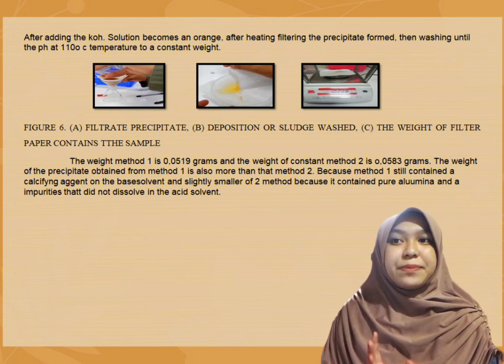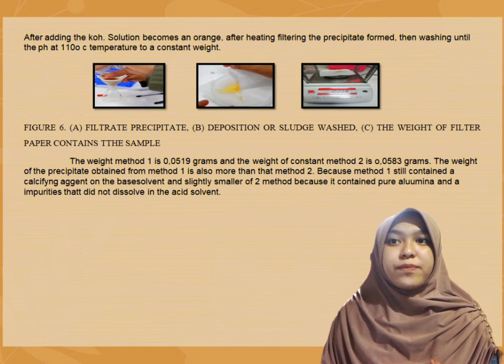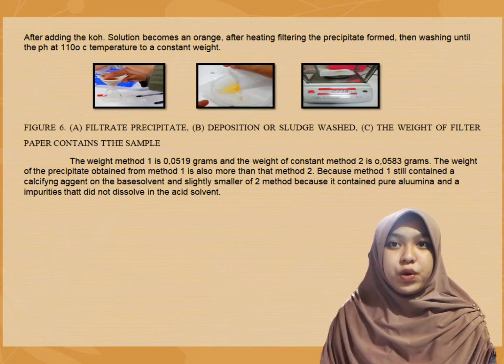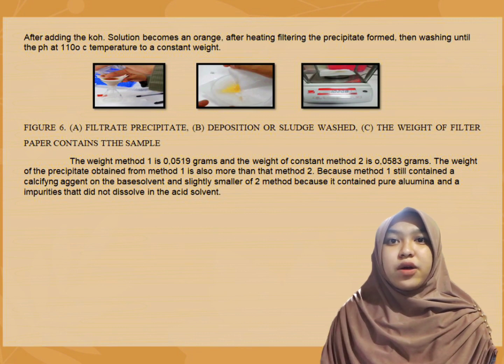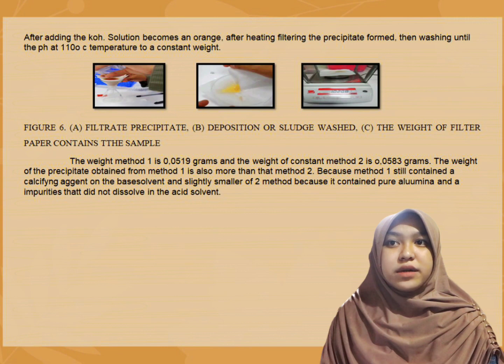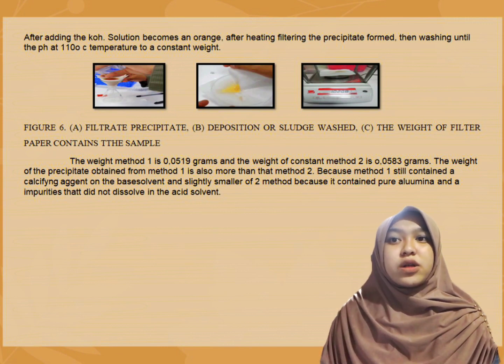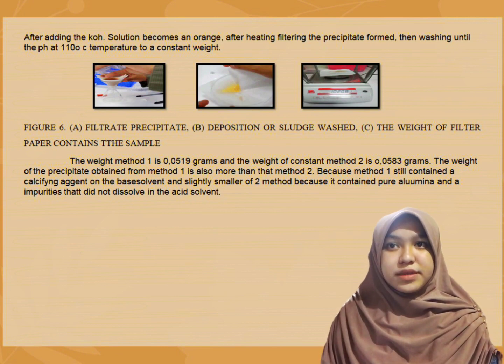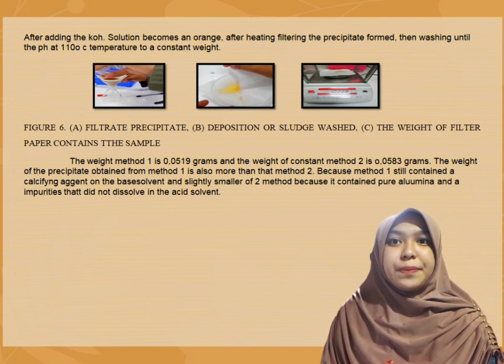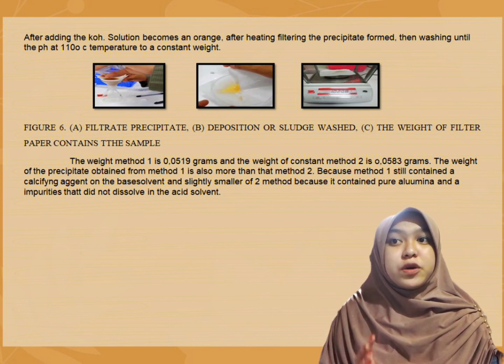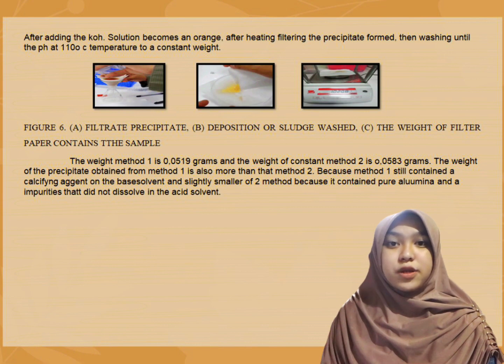The weight of the precipitate obtained from method 2 is more than that of method 1, because method 1 still contains calcifying agent of the base solvent, and slightly smaller in the other method because it contains pure alumina and impurities that did not dissolve in the acid solvent.